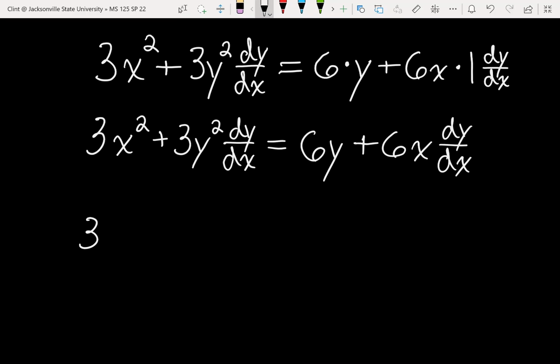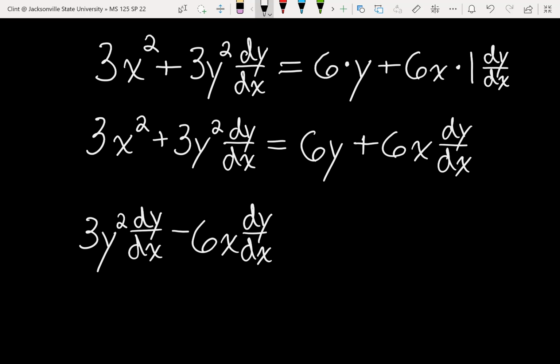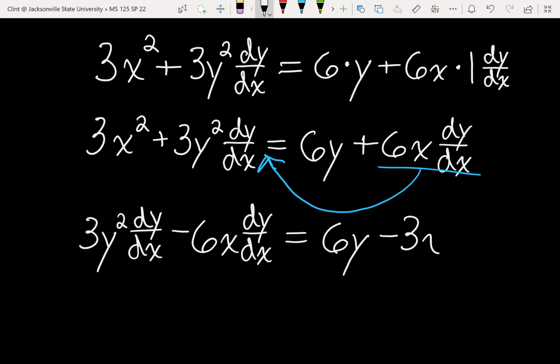So on the left, I'm going to subtract 6x dy dx from both sides, so I'm taking this one and moving it over. And then on the other side, we're going to subtract 3x squared from both sides, so this one's moving over here. Just two moves there.